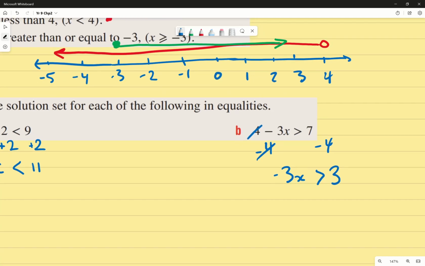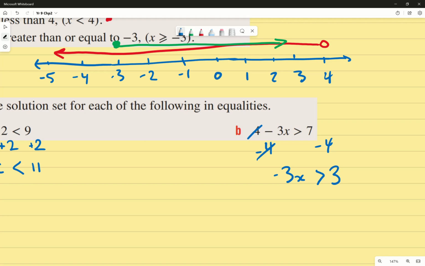Here's the tricky part. Now, if this was equals, what would we do? What would we times or divide by? It's -3x, it's 3. We're going to multiply or divide by what? So it's -3 times x.